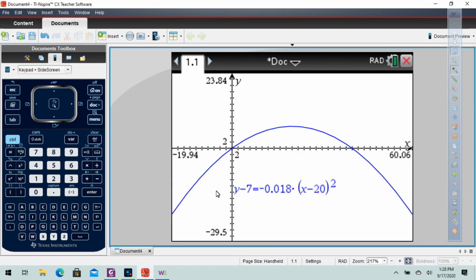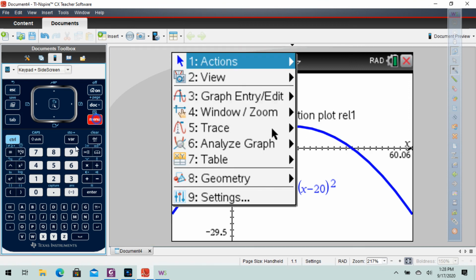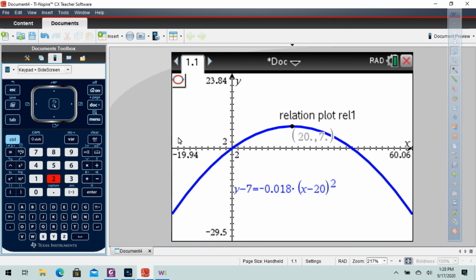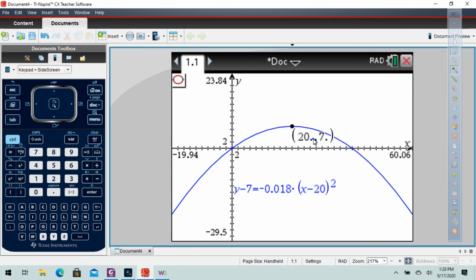So if I'm looking at this, let's see, what was the question? What is the maximum height of the ball? That's going to be the vertex, right? So we'll go menu, 6, 8, 2. 20 and 7. So the maximum height of the ball is 7 feet.